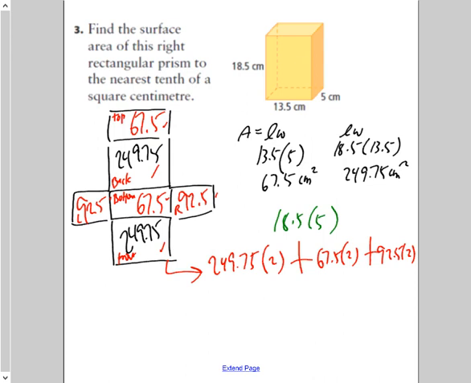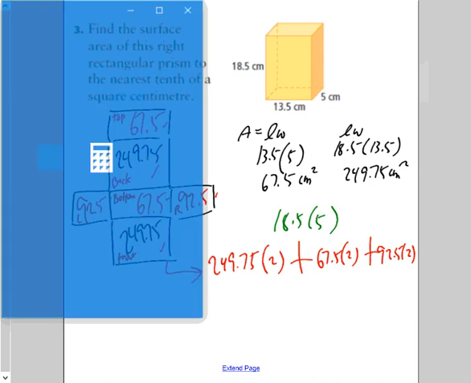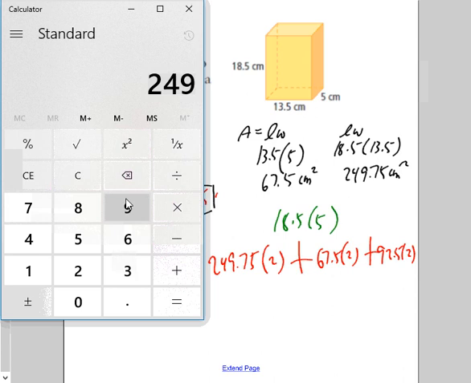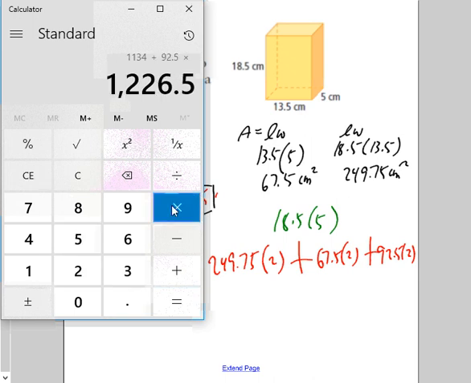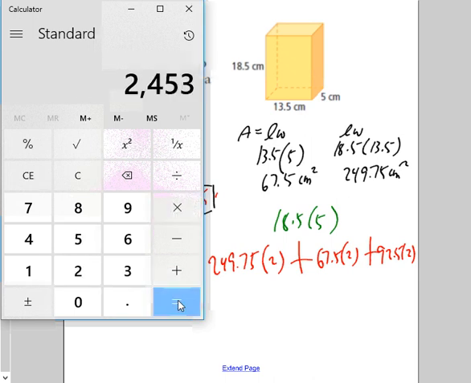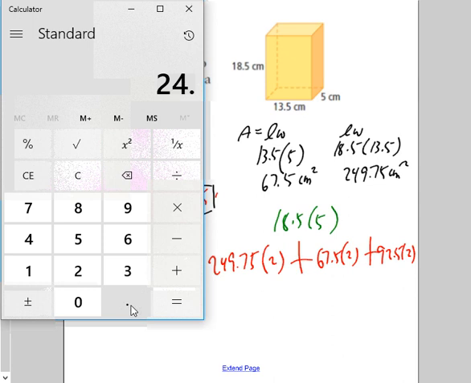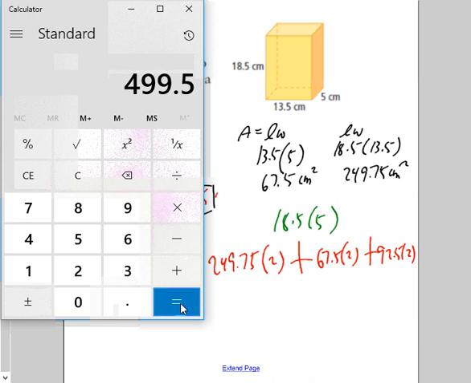If I solve that with a calculator, 249.75 multiplied by 2 plus 67.5 multiplied by 2 plus 92.5 multiplied by 2 equals 2,000. I did something wrong. Let's try that again. Oh, I think I know. 249.75 multiplied by 2 is 499.5, and I'll write that down.